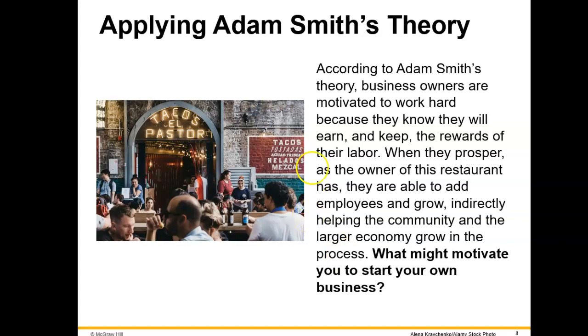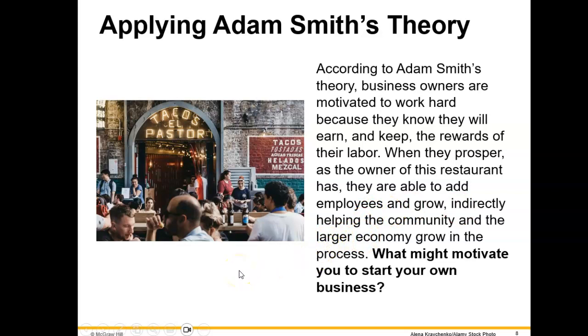Okay? So here again, more about Adam Smith, known as the father of the modern economic system. He believed that business owners are motivated to work hard because they know they will earn and keep the rewards of their labor. When they prosper, as the owner of this restaurant shown here, they're able to add employees and grow, indirectly helping the community and the larger economy grow in the process.